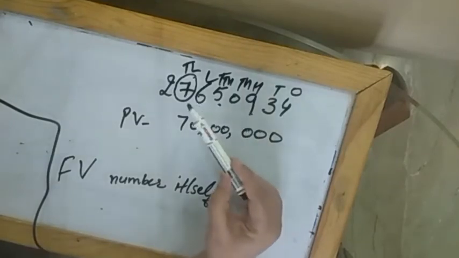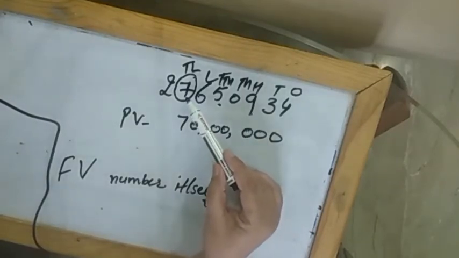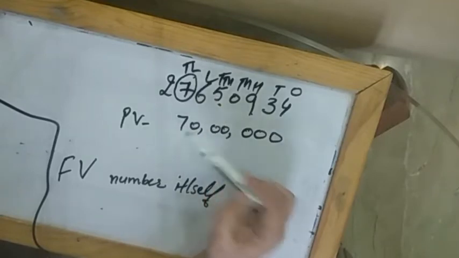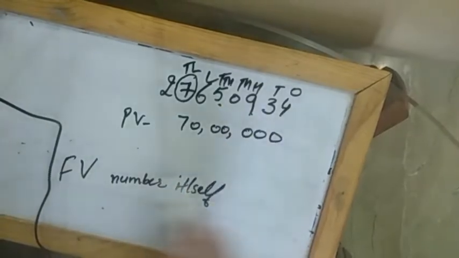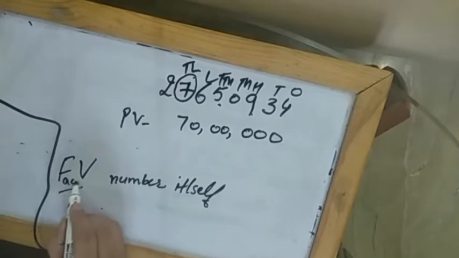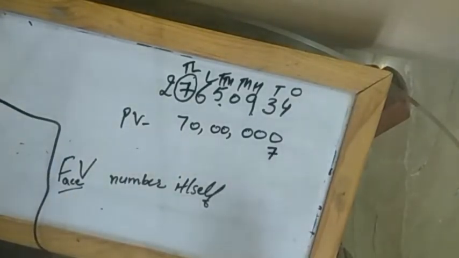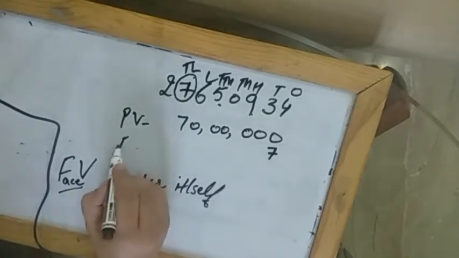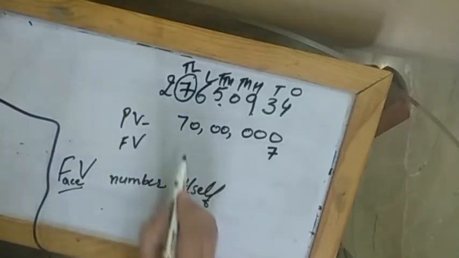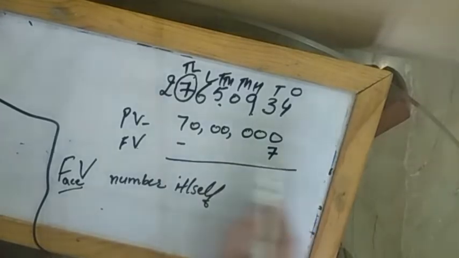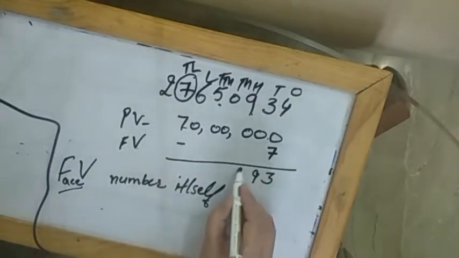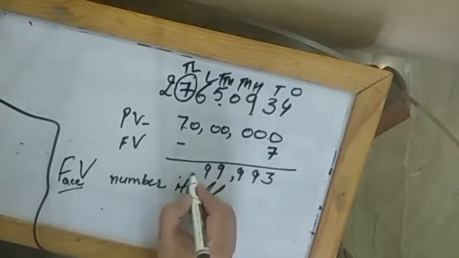In the same way, the place value of 7 is 70 lakhs and the face value of 7 is 7. So face value is the number itself, and they are asking you to find the difference between them. So write the place value of 7, write the face value of 7, and then you subtract them.